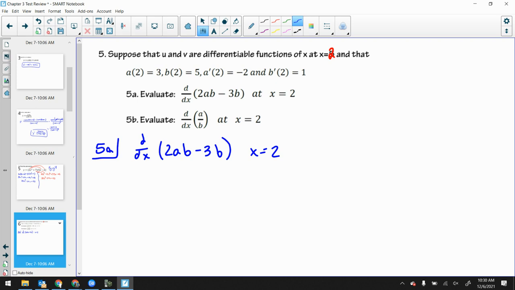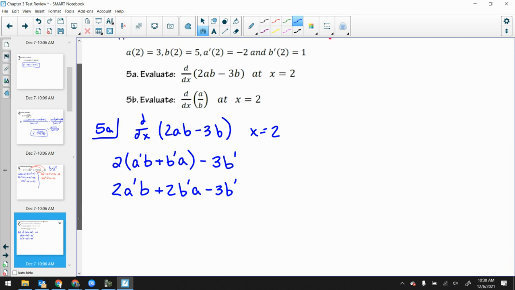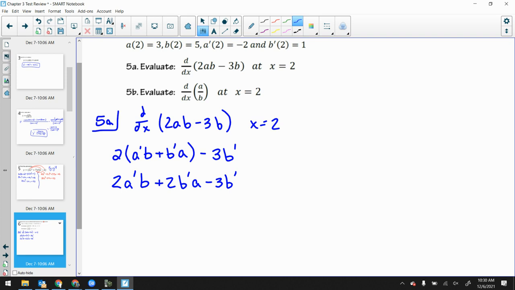Honestly, here, I've just got to find the derivative of all of these pieces. So this is 2, and then the product rule, a prime b plus b prime a, minus 3b prime. Or in other words, 2a prime b plus 2b prime a minus 3b prime. And then we just plug that in. A prime of 2 is negative 2.